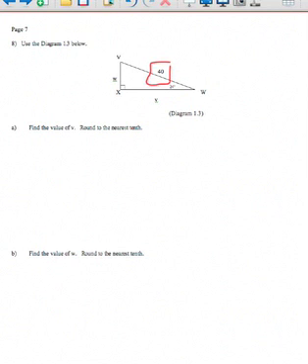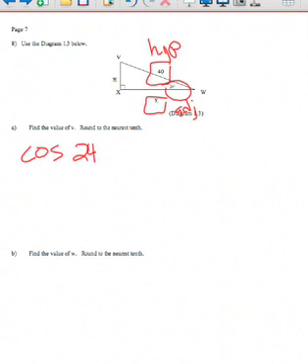40 is the hypotenuse, and V is going to be the adjacent to angle 24. So what uses the hypotenuse and adjacent? The cosine. So the cosine of 24 degrees equals the adjacent over the hypotenuse. The cosine is 0.9135.